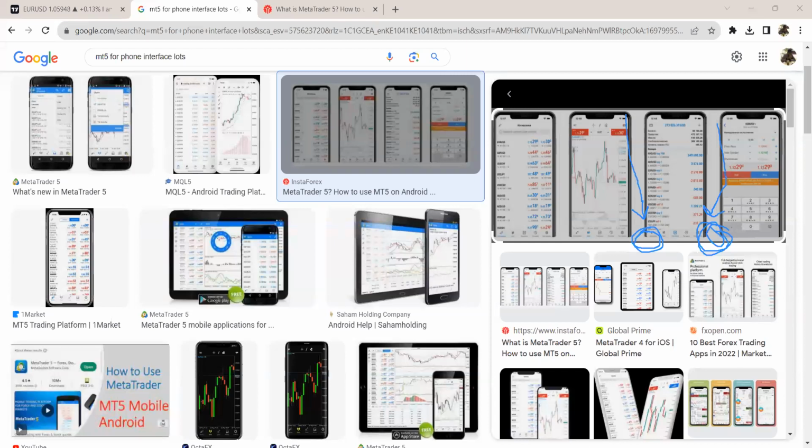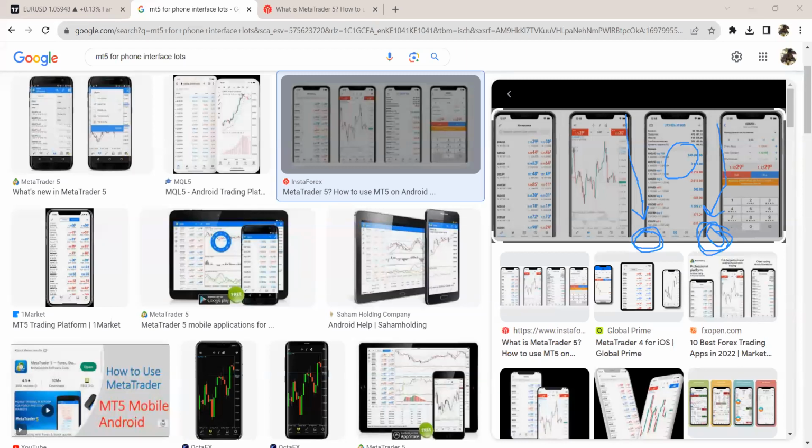Before you click on either sell or buy, what you want to do is change the lot size. Changing the lot size has to be in alignment with the capital that you have.